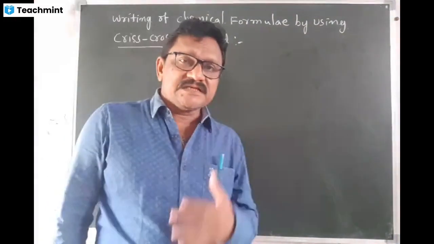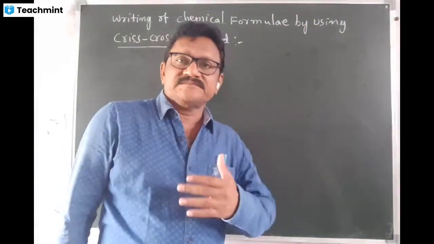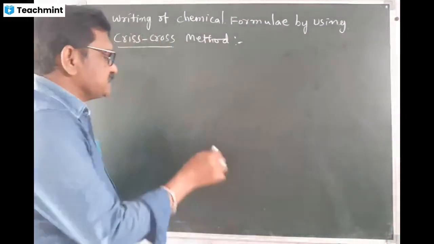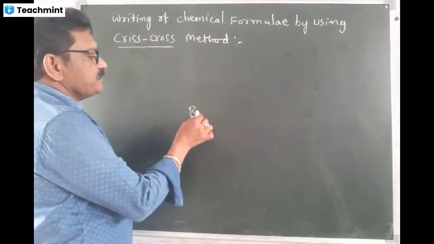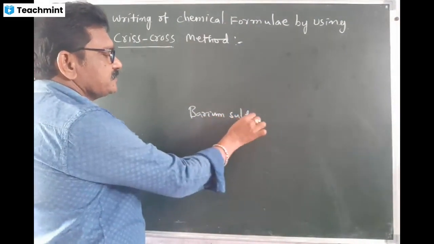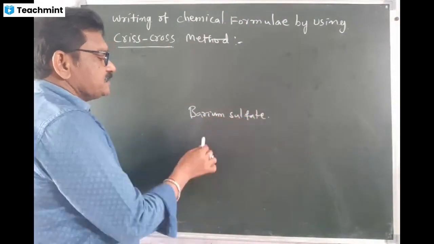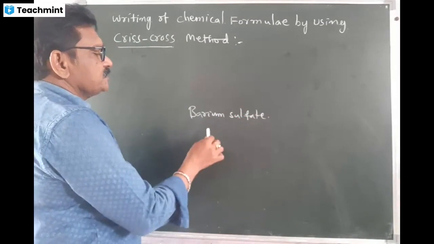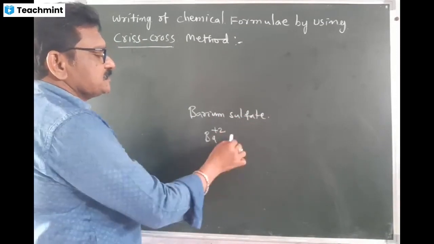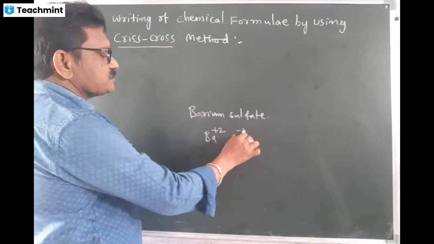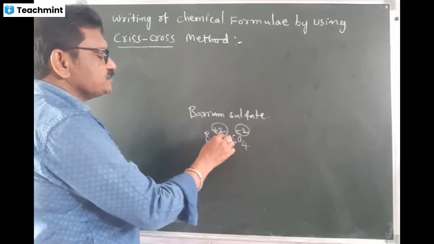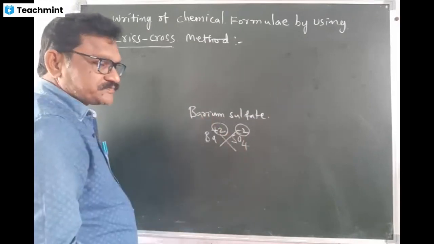So in the last class, I told you, but once again I want to repeat that. What is the crisscross method? See, for example, you want the barium sulfate chemical formula. Barium means Ba plus 2. Sulfate means SO4 minus 2. You know these two charges, so you interconnect these two.